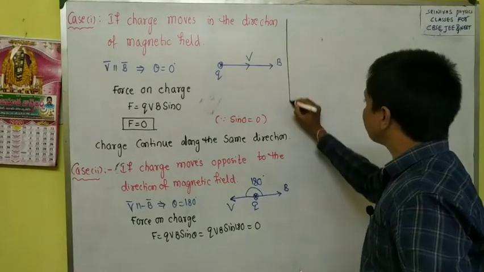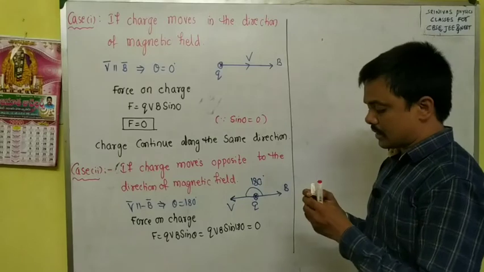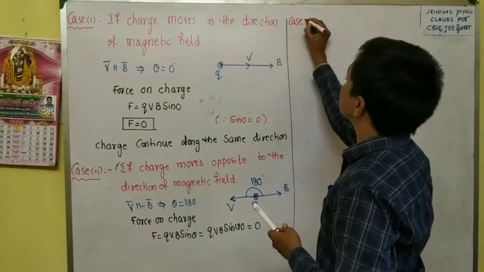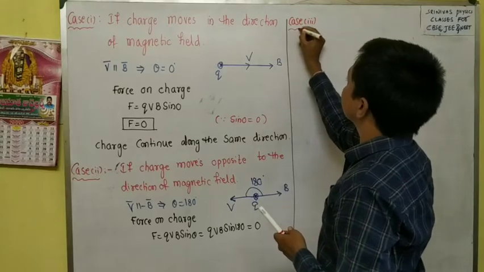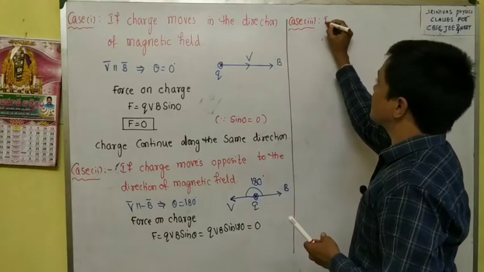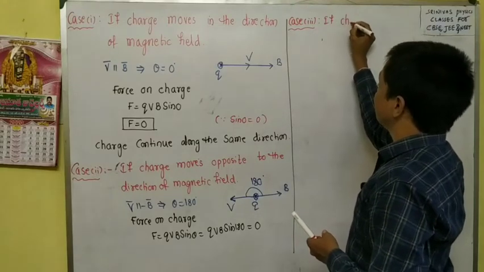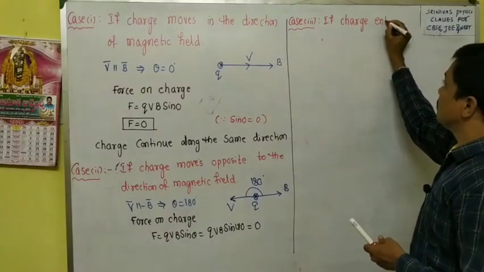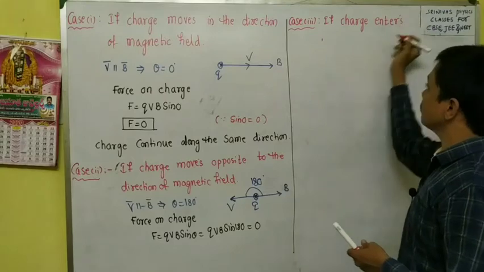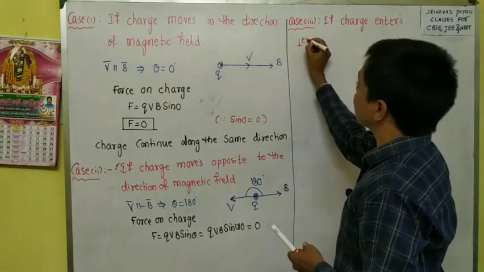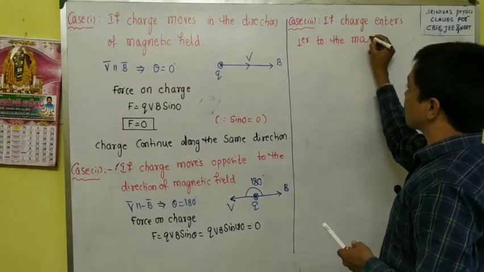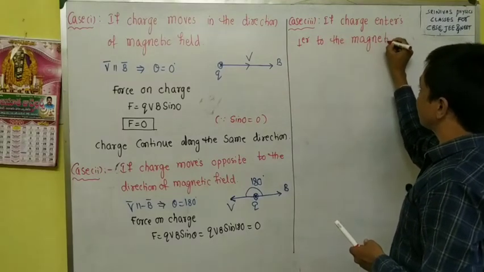Case 3 is that if charge enters perpendicular to the magnetic field.